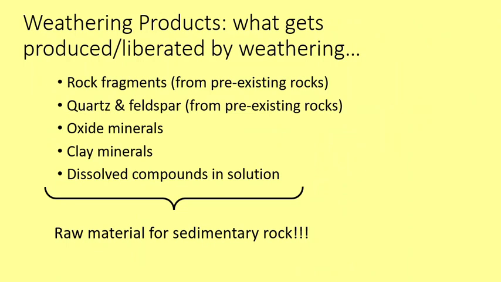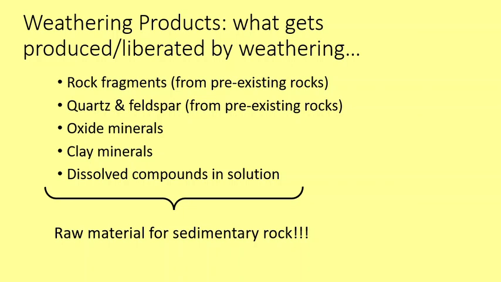All right, well, what gets made during mechanical and chemical weathering? Another way of asking that is, what are the byproducts of mechanical and chemical weathering? They're listed right there in front of you. They include both rock fragments and common silicate minerals like quartz and feldspar. So what's happening here? Imagine a pre-existing rock mass that's being mechanically broken down in the environment into smaller pieces.